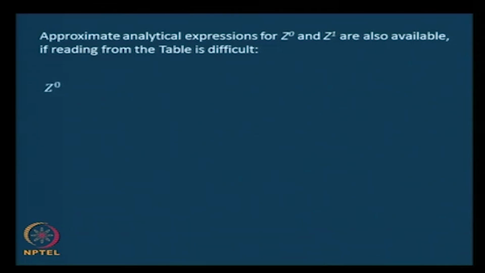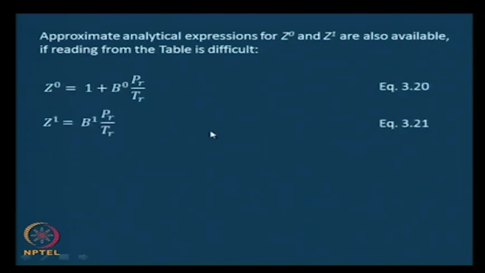Apart from the tables, there are analytical expressions for Z0 and Z1 that are also available. If the table is not available to somebody, one can use these expressions, which are reasonably accurate. Z0 is given in terms of B0, the virial coefficient, and B0 is given in terms of TR.